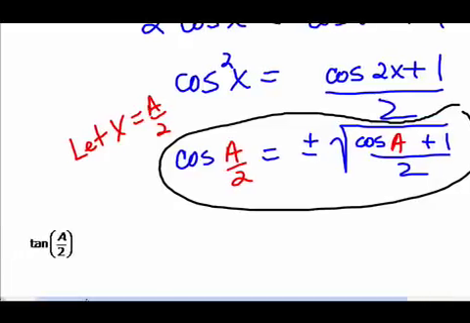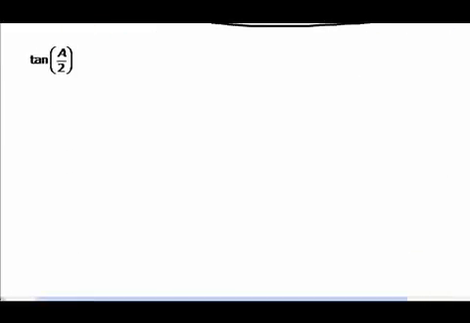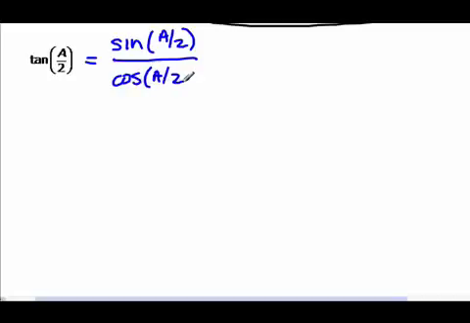The tangent of a half angle. Here's one correct form. Well, tangent's the same thing as sine divided by cosine, and those two that you're looking at there, we just got done deriving.